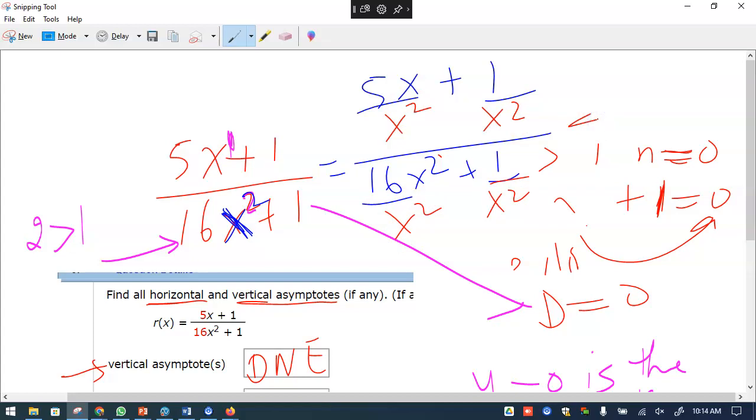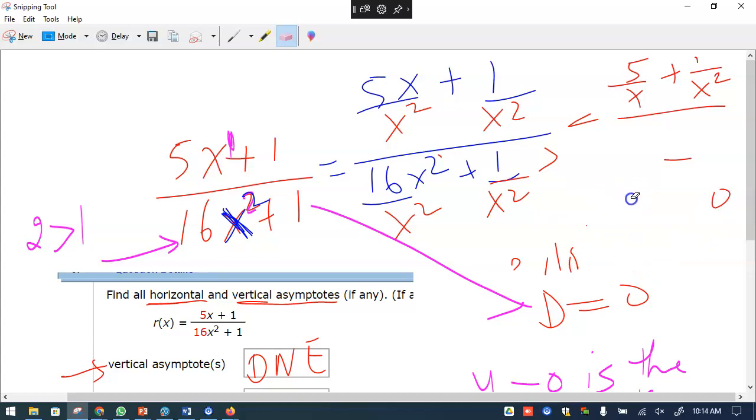And what you get is 5 over x here, then plus 1 over x squared, and the bottom will be 16 x squared over x squared, and then plus 1 over x squared. So it's like you're dividing, right?